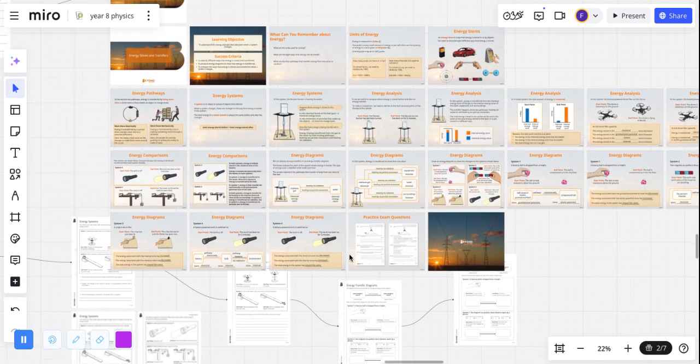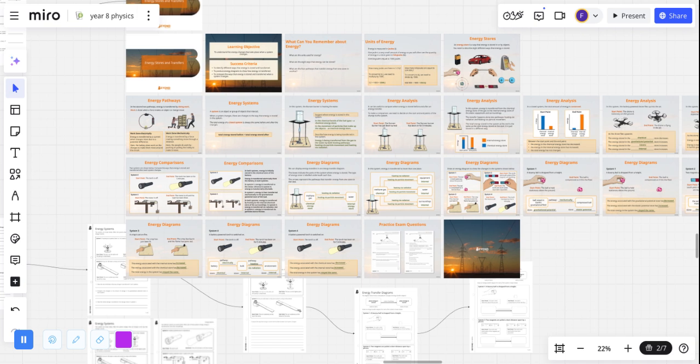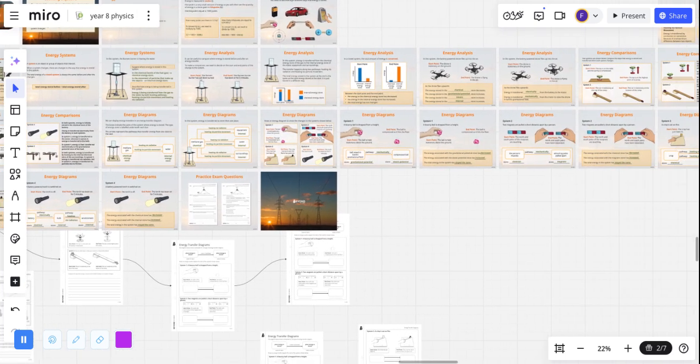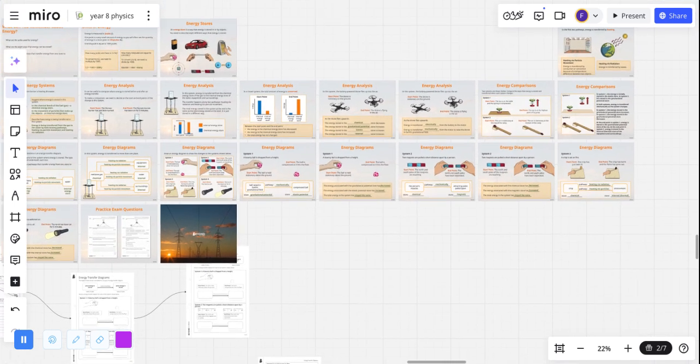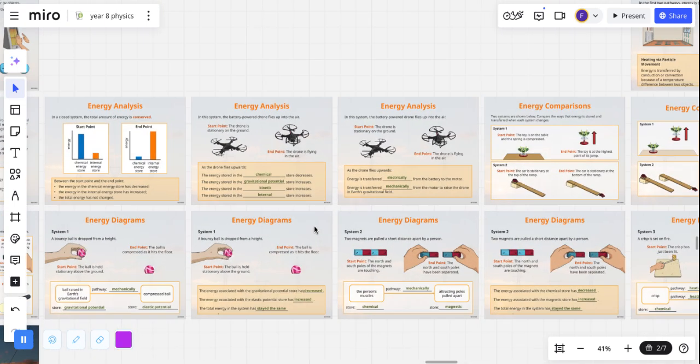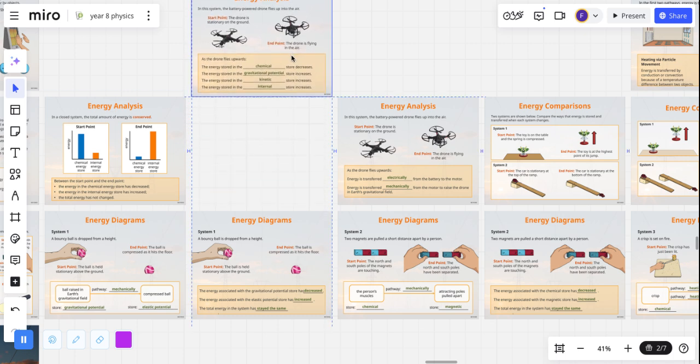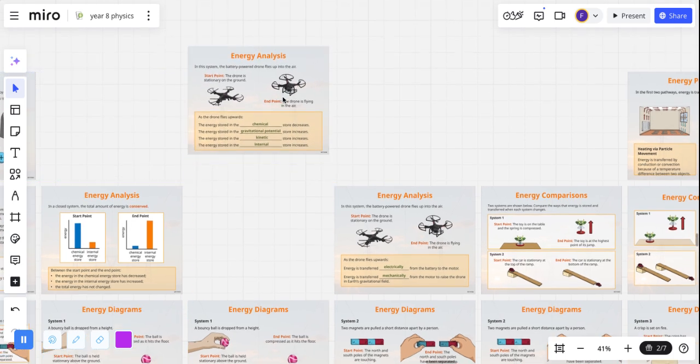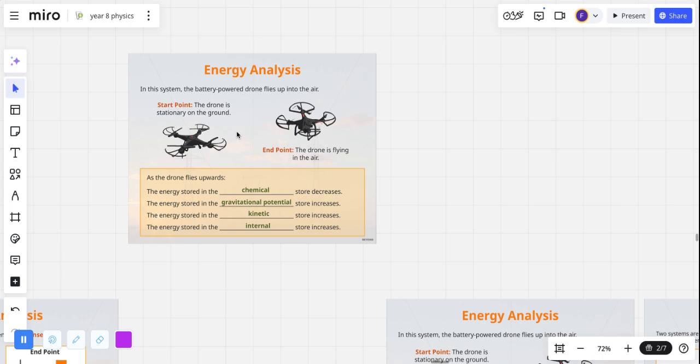All right, so the other thing I want to talk about was energy changes, how they change. And I'm going to come down to energy analysis. So this is a drone. It has energy stored in a battery, which is chemical energy.